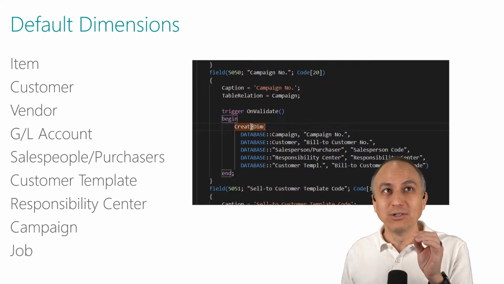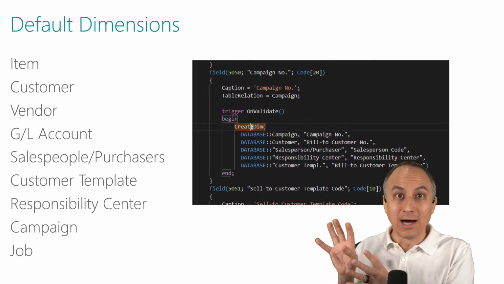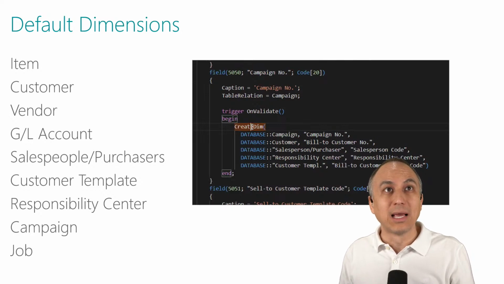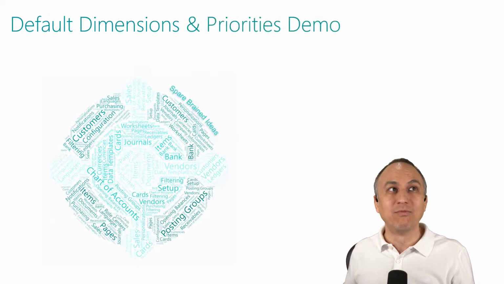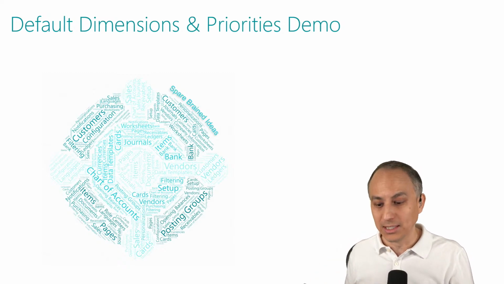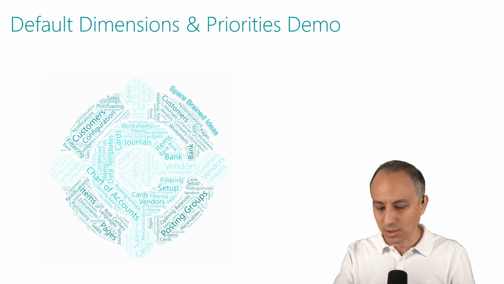So let's just take a look at the basic ones. These 9, let's ignore 10 and 11 for now. And let's take a look at default dimensions and default dimension priorities and see how that works.